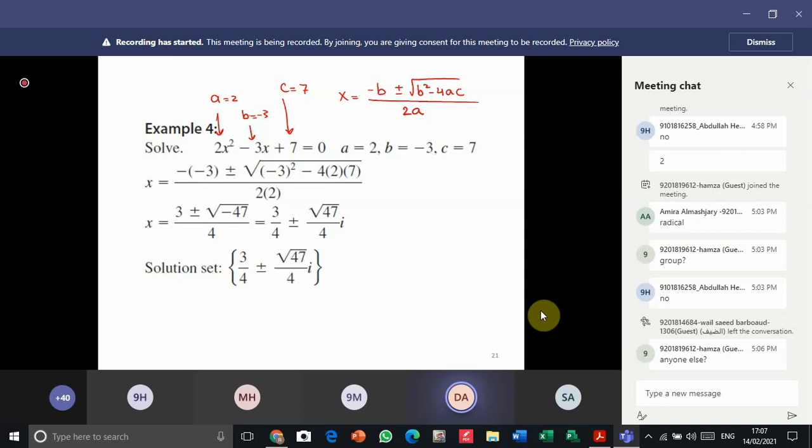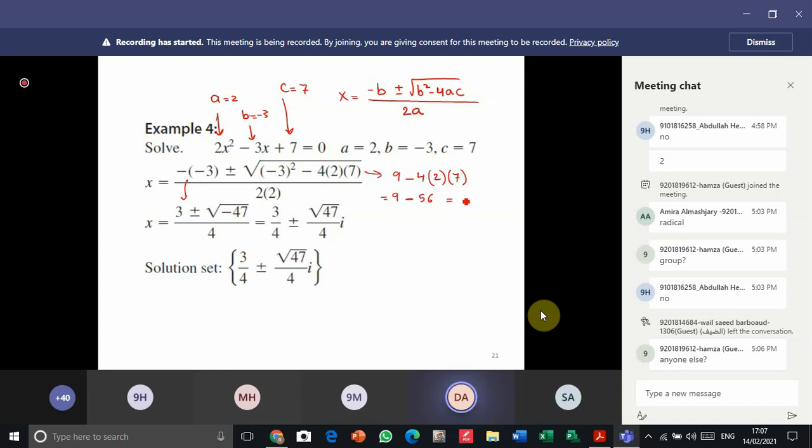Okay, look at this: minus -3, we have 3. And inside the discriminant, b squared equals 9, minus 4, always 4, this is from the formula, multiplied by a which is 2, multiplied by 7, this is the c. So we have 9 minus 4 times 2, 8, 8 times 7, we have 56.